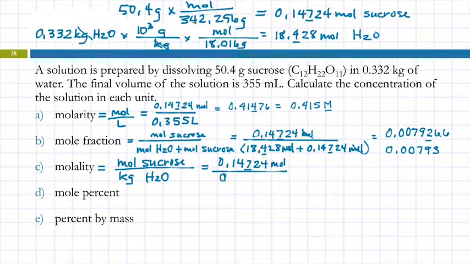That was kind. 0.332 kilograms. 0.14724 divided by 0.332 equals 0.00035. That's wrong. What did I do? 0.14724 divided by 18.